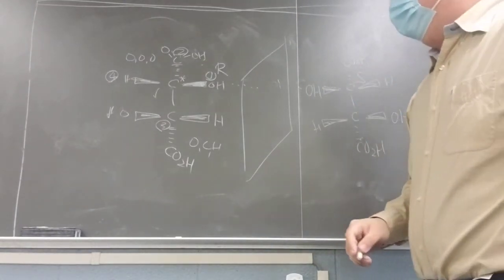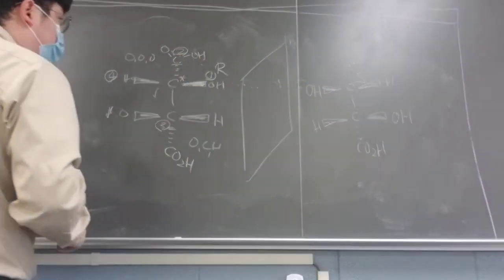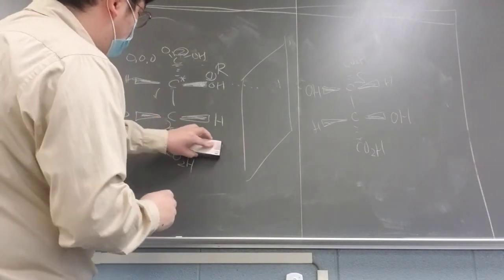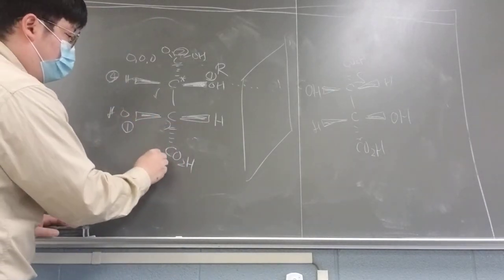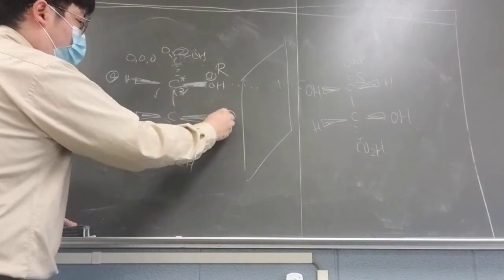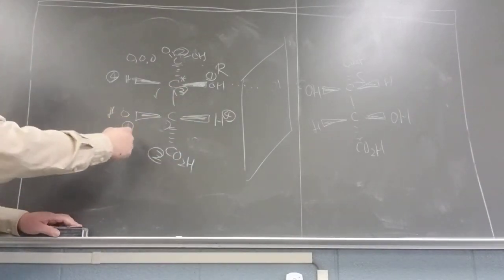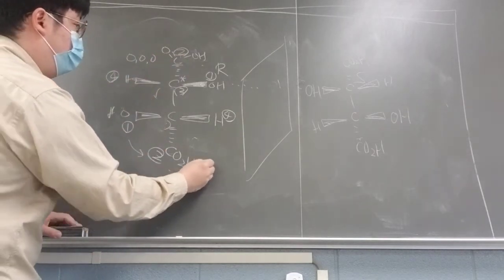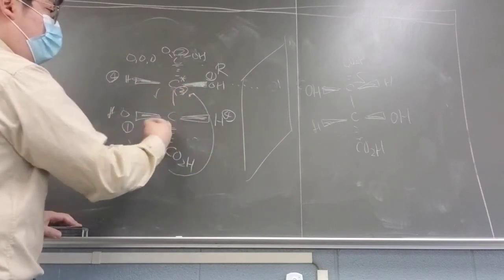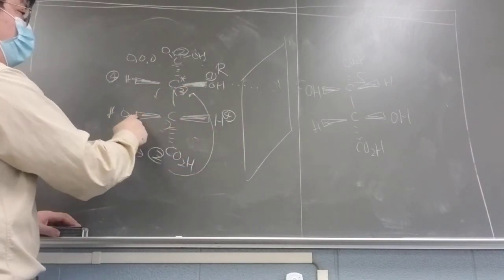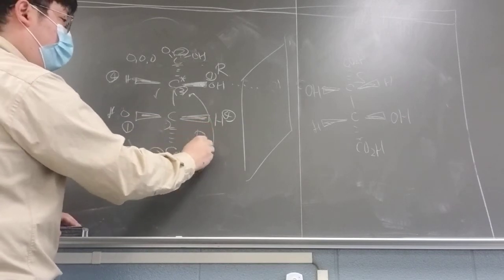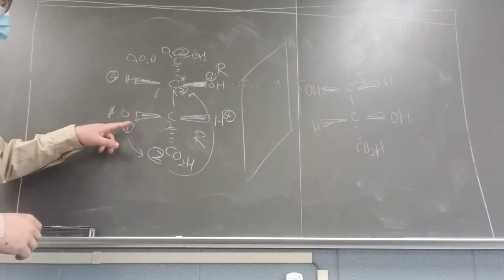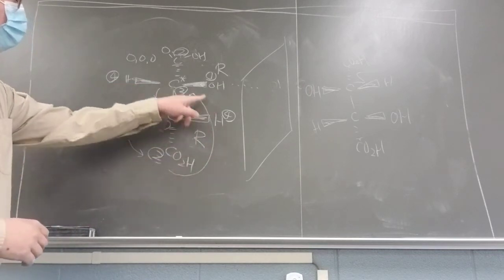Okay, and then let's try to do this one, pretty much the same here. This will be 1, 2, 3, and 4. Same, because we have the same groups here and here. So it'll be 1, 2, 3 in this way. So it'll be S, but once again, your hydrogen is in the front, so it'll be R again. So it'll be 1, 2, 3.